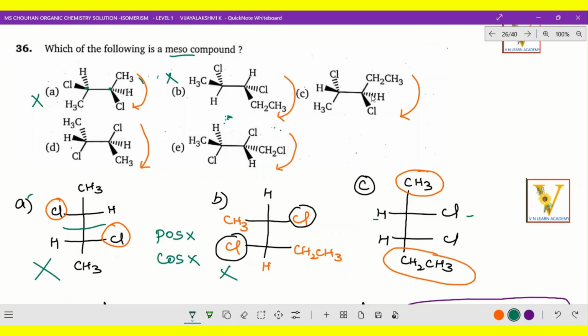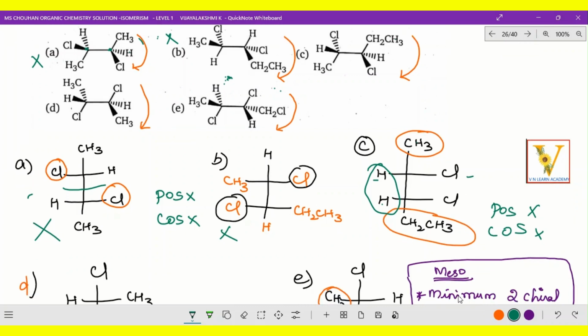But here, the dash position hydrogen, I just put because it is the opposite. Wedge position Cl. But these both are the same, and the other two are different, you see this and this are different, so it will not be a meso. COS will be absent, so here also COS is absent. All right, come on, let us go to the next one.